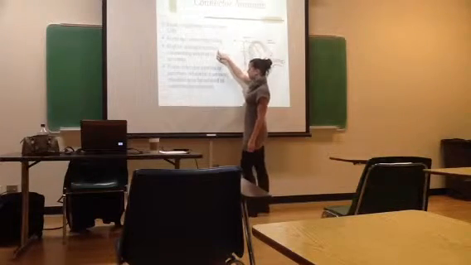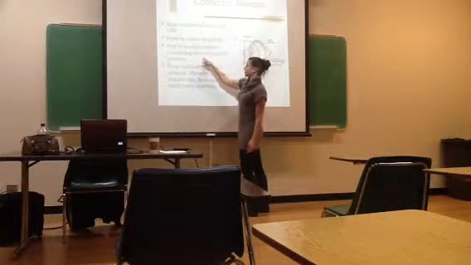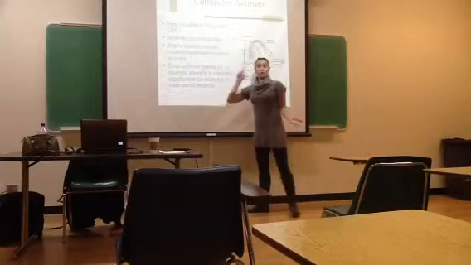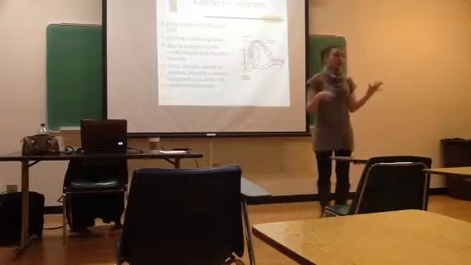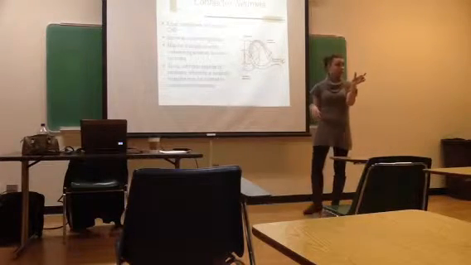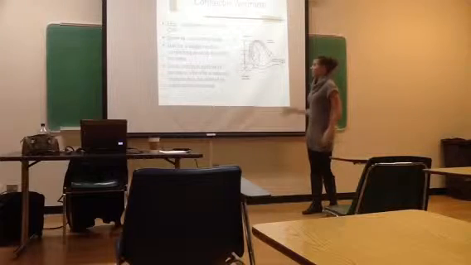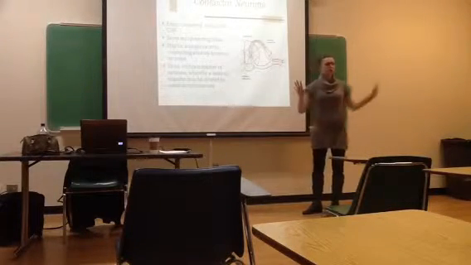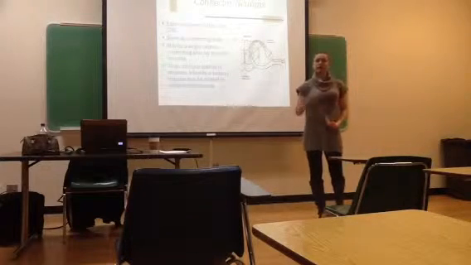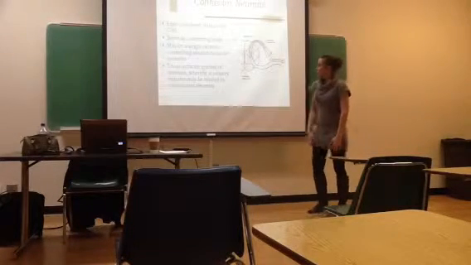There could be a single neuron connecting to a sensory neuron. There could be a direct sensory to motor, or there could be connector neurons in between. Connector neurons are only in the central nervous system. They're not in the periphery at all. They're only located in your brain and your spinal cord.